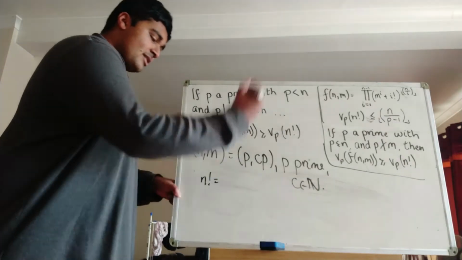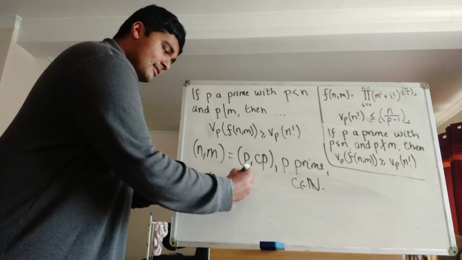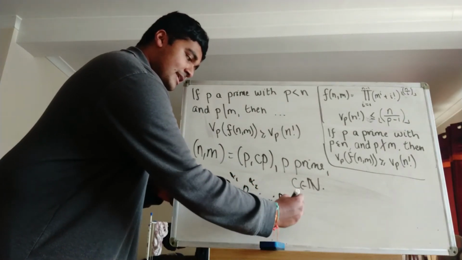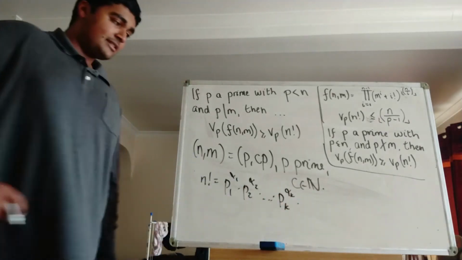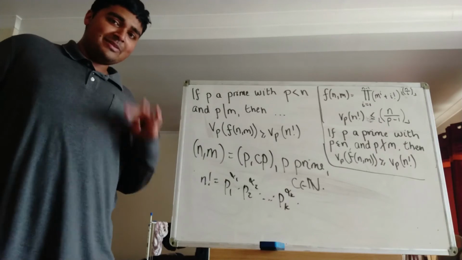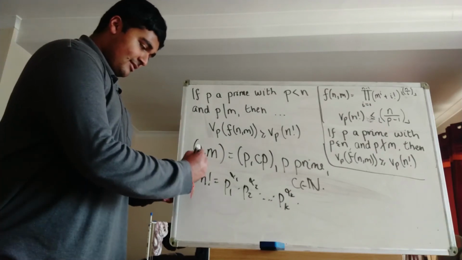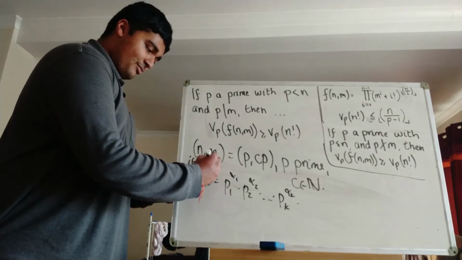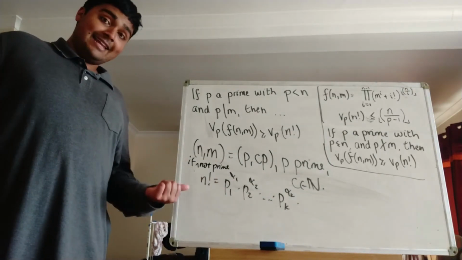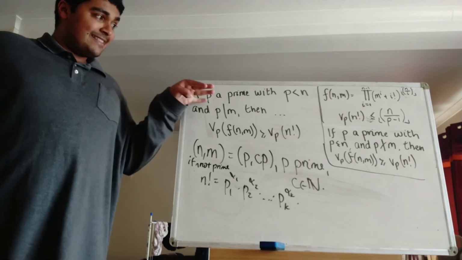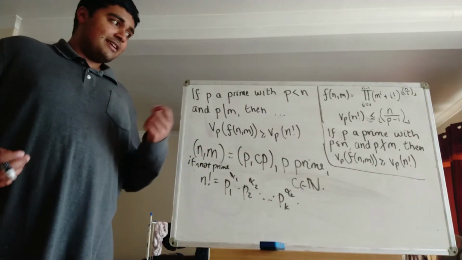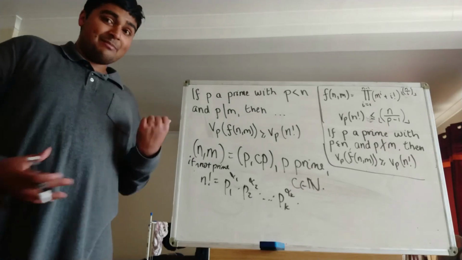So n factorial, when we write it out, is going to be p_1 to some alpha_1 times p_2 to some alpha_2, and so on all the way up to p_k to some alpha_k, like so. But notice that all of these p_i's, because n is not prime, as we're assuming, will be strictly less than n. Then we can apply either this lemma or this one, depending on whether the particular p_i divides m or it doesn't.